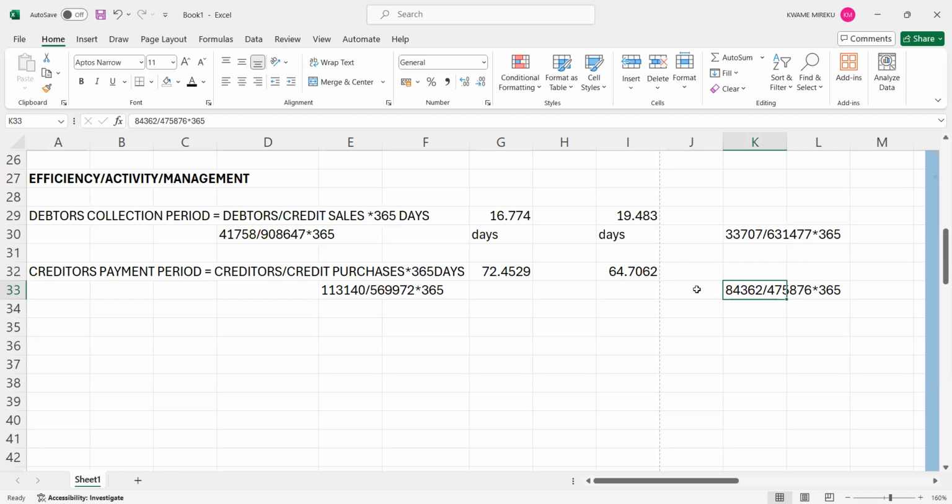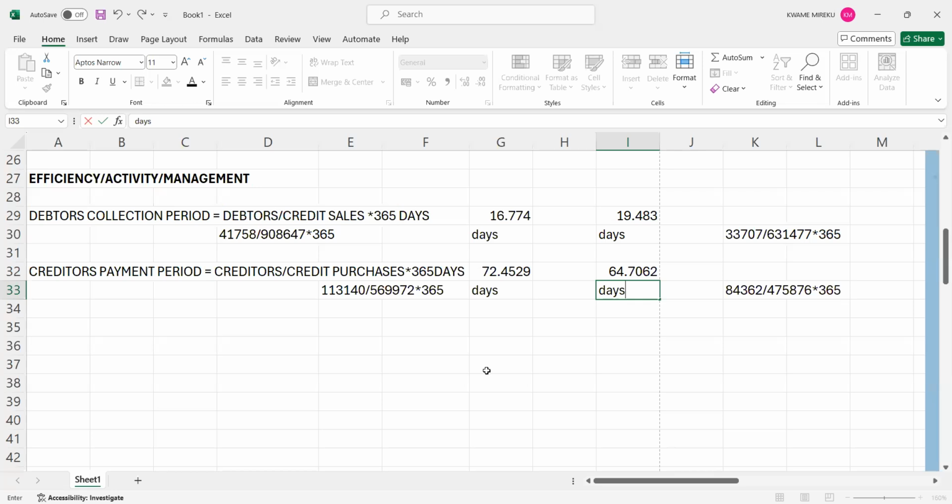Who can interpret this for us? Who can try payment to creditors? Yes, in the previous year, they were paying their debt within 64 days.